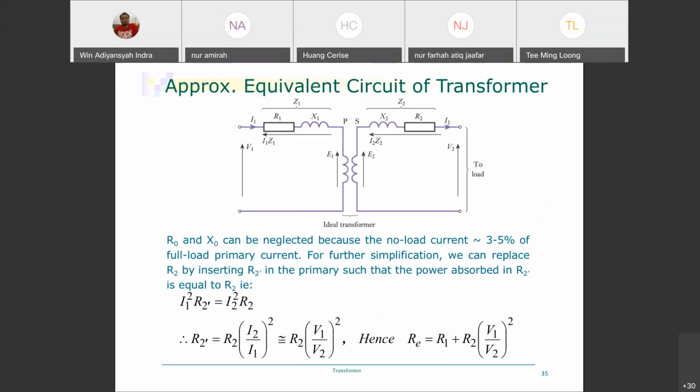Same thing with R. Here, you can rewrite the formula that RE equal to R1 plus R2 with N1 over N2. Okay.